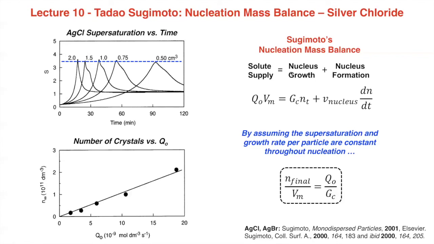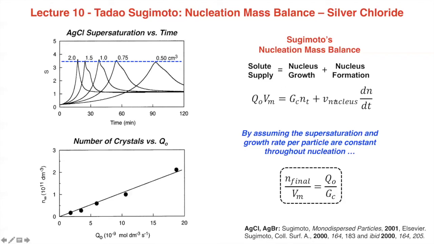So he just modeled the very tippy top of these curves by assuming that all solutes either go to growing or making nuclei. And then he expressed the growth kinetics in terms of the number of crystallites present times the growth rate of each crystal. And he expressed the nucleus formation kinetics as the change in the number of crystals with time multiplied by the volume of the nucleus.